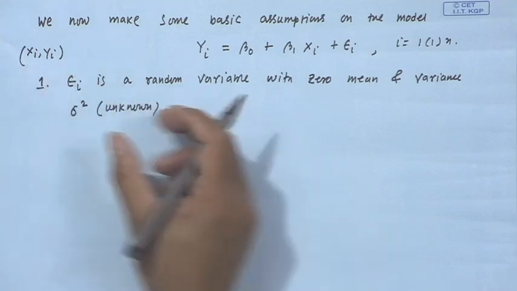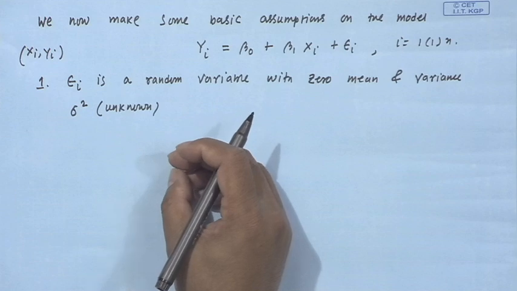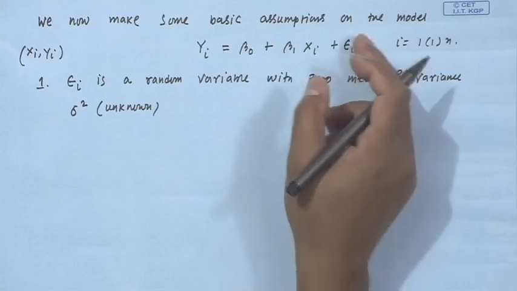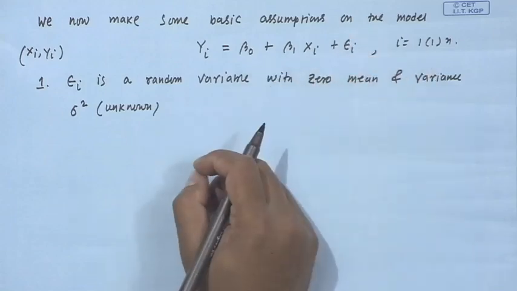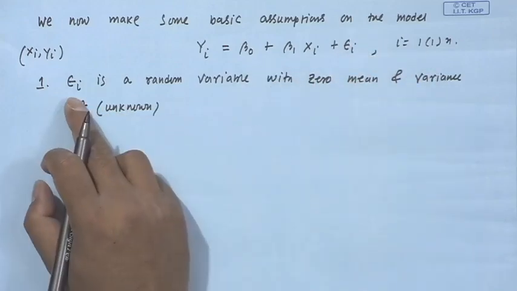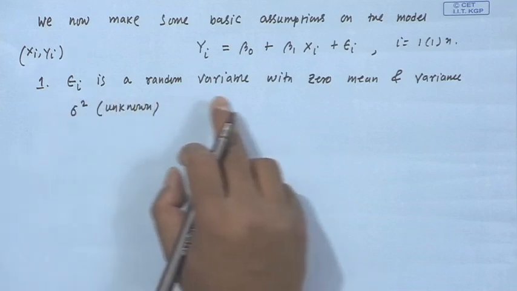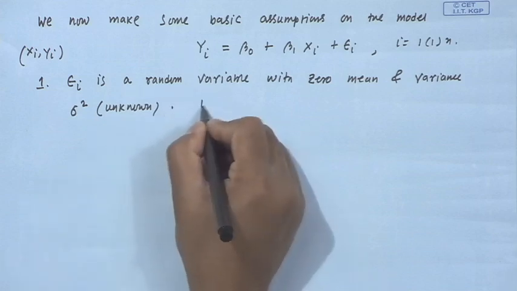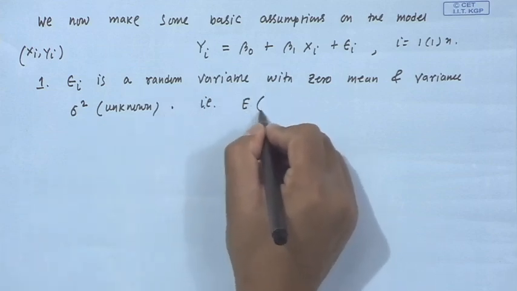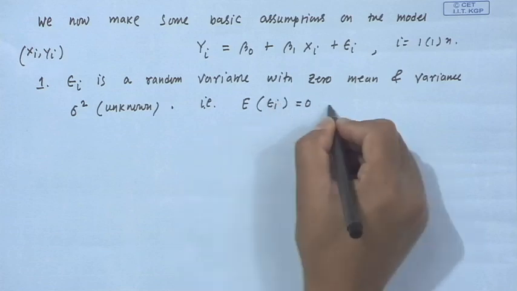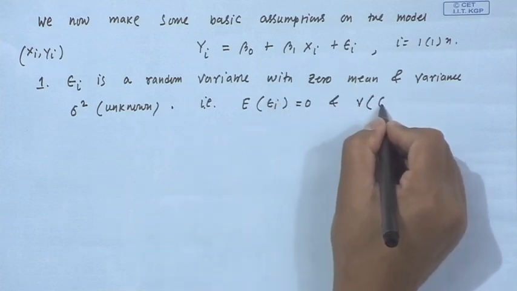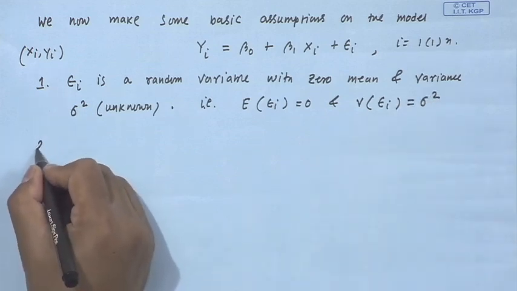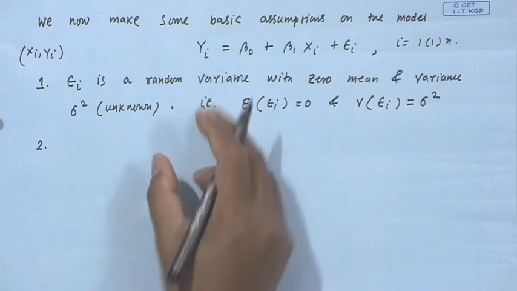And from the scatter plot, if you see that the relationship is linear, then you are going to fit a simple linear regression model, and you are making some assumptions on the model. So, epsilon i, the error term, is a random variable with 0 mean and variance sigma square, which is unknown. That means expectation of epsilon i is equal to 0 and variance of epsilon i is equal to sigma square. The second assumption is a very important part.